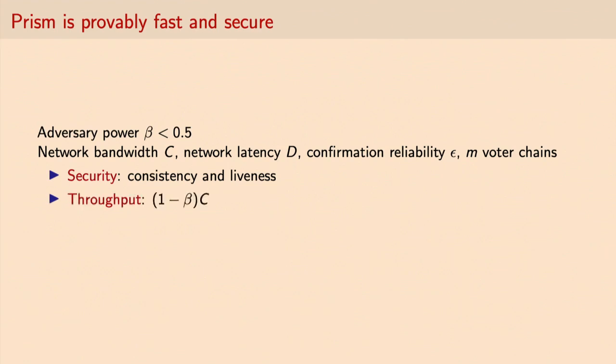For throughput, Prism provides (1 minus beta) times C, where beta is the adversary power and C is the underlying network throughput. For confirmation latency, Prism's latency is proportional to the underlying network delay D, proportional to the confirmation reliability we need, and inversely proportional to the number of voter chains.